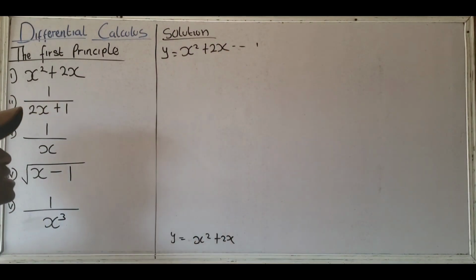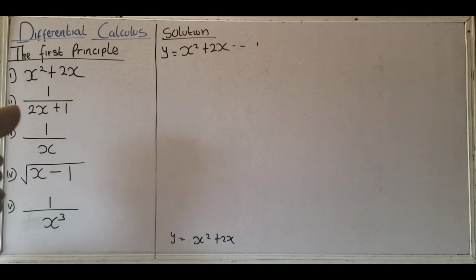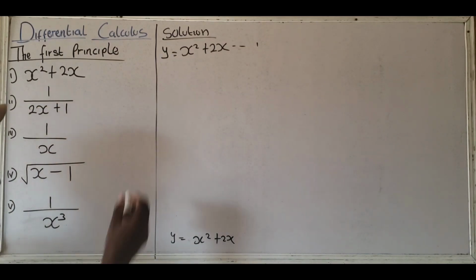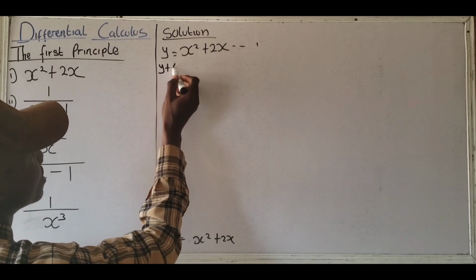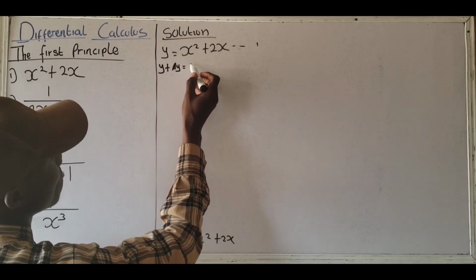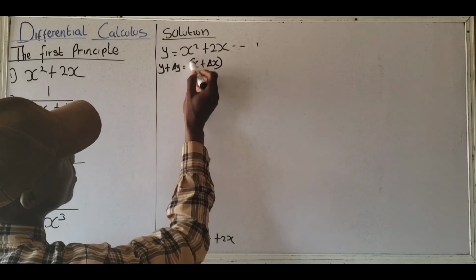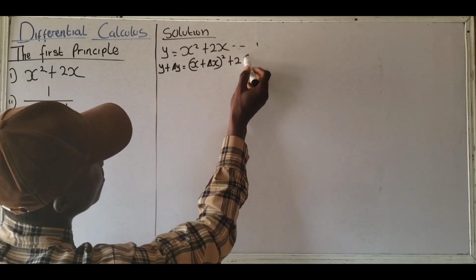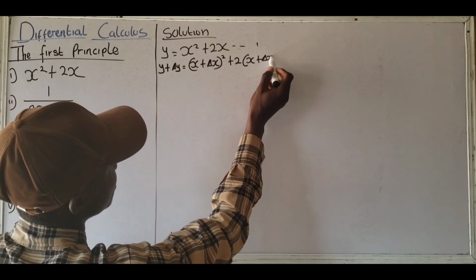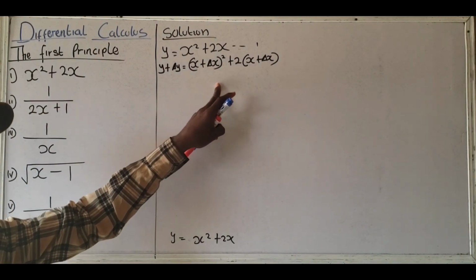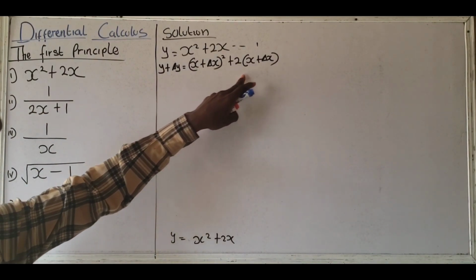Now, if you increase x by delta x, there will also be an increment in y by delta y. So I'm going to have y plus delta y equals x plus delta x raised to the power of 2 plus 2 into bracket x plus delta x. The meaning of that statement is that anywhere I see x, I'm going to replace it as x plus delta x.